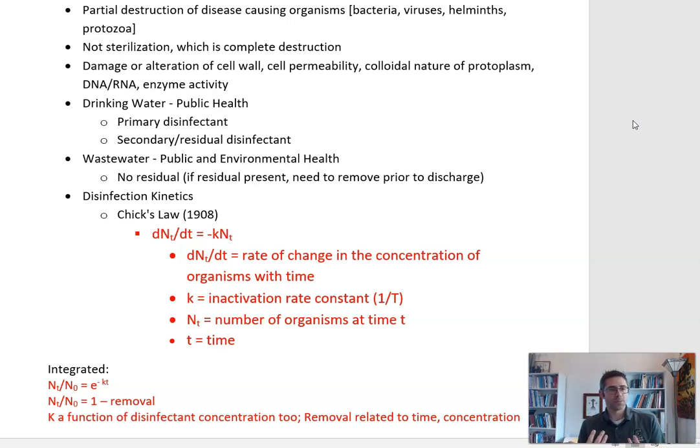Chlorine is a potent biocide for many different kinds of organisms, including fish. So if we do chlorinate, we need to be able to take out any extra chlorine when it's done doing its thing before we discharge. Okay, so that's a little bit of a difference between drinking water and wastewater.